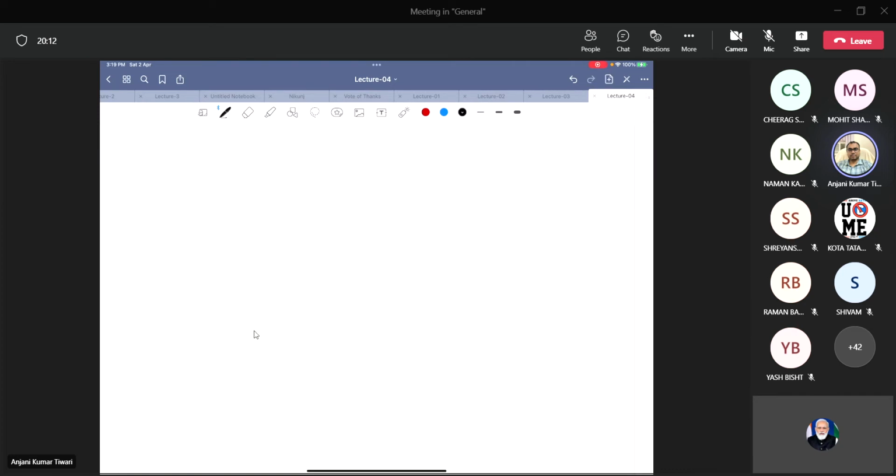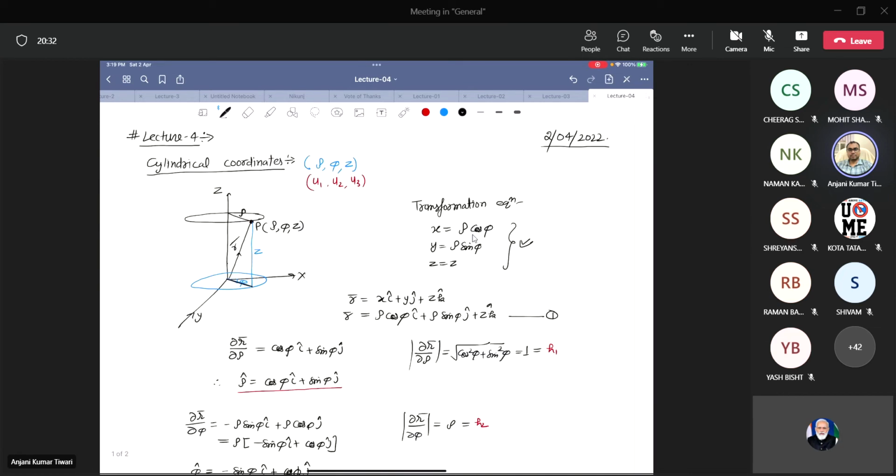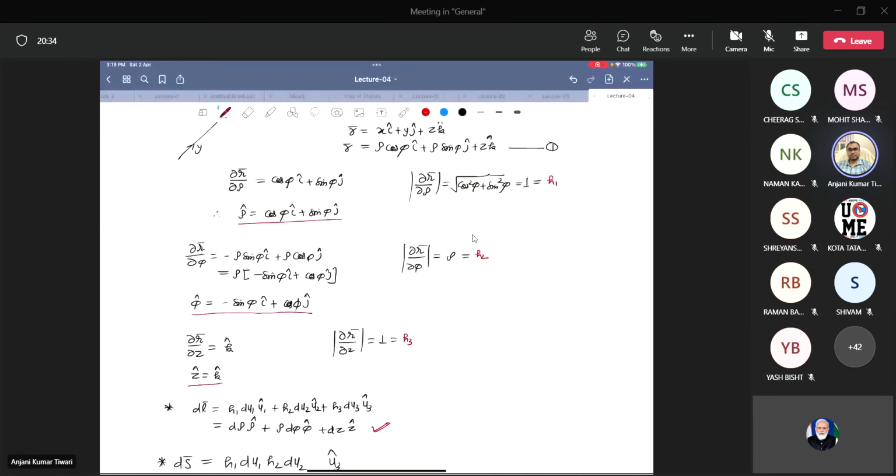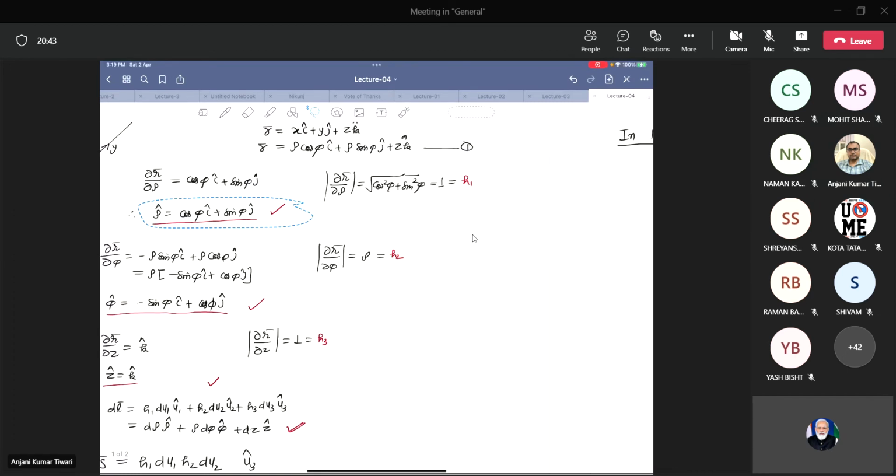Now let us look at the matrix form, because this is very important. This will be useful when we transform from one coordinate system to another. So in the matrix form, for the unit vectors, because we have the equations now, I'm talking about these equations.